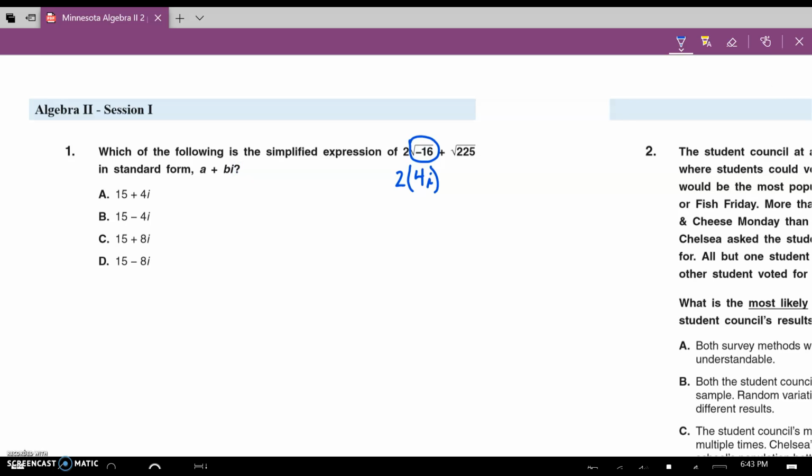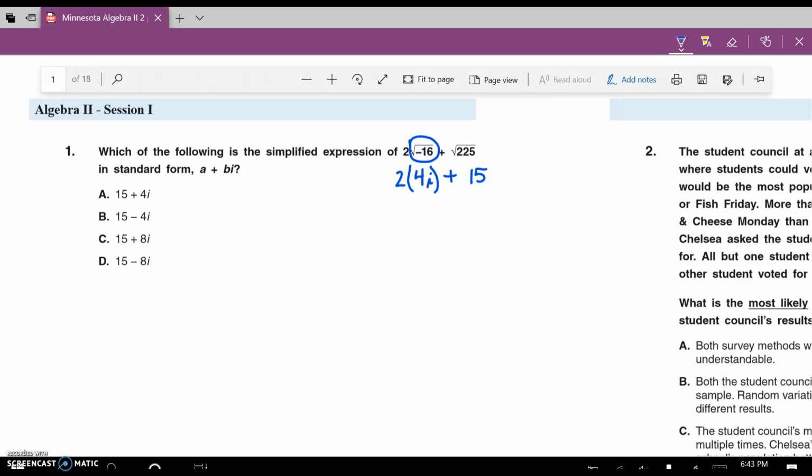And then we still have plus the square root of 225. And the square root of 225 is actually 15. Okay, so then we have 2 times 4i, and we know that 2 times 4i is 8i. And then plus 15. And it says that it wants this in standard form, and standard form is a plus bi, so we actually have to rearrange this and put the 15 in front, so this would be 15 plus 8i, which is answer choice C.